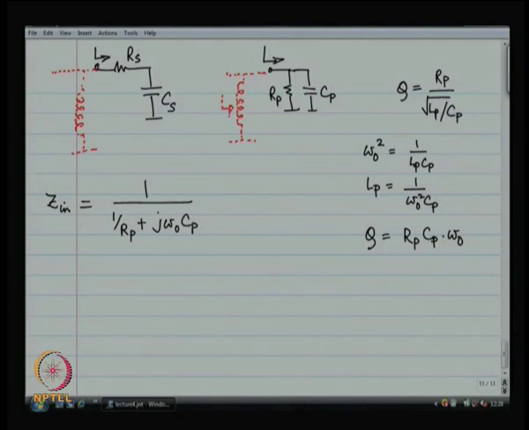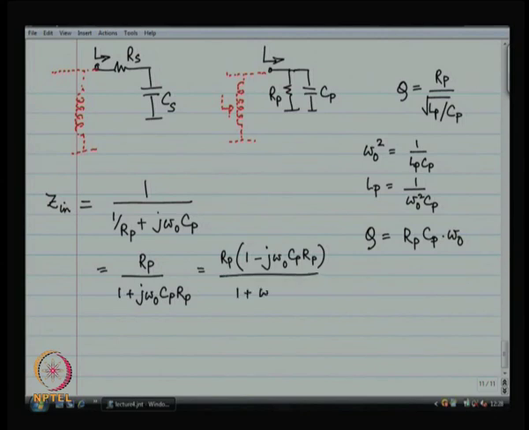This is at the frequency of interest omega naught, and this can be further simplified to RP by 1 plus j omega naught Cp RP. However, we need to convert this to real and imaginary parts. So, we have to multiply by the complex conjugate of the denominator. Okay.